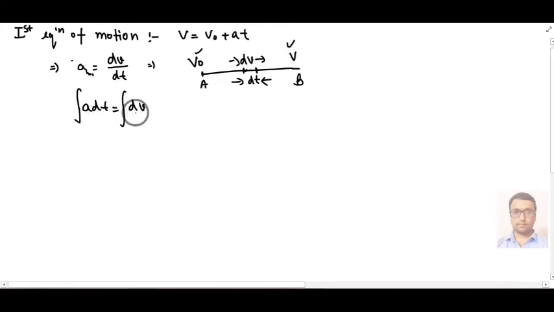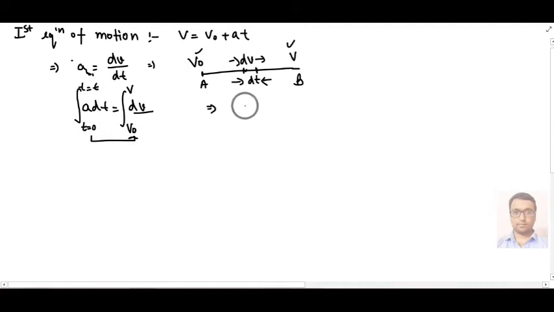This is the differential of velocity, and its limits will be initial velocity v0 and final v. Similarly, this is at t equal to 0, meaning your initial velocity v0 is at t equal to 0 and the final velocity is v when your time has got some value, that is t.